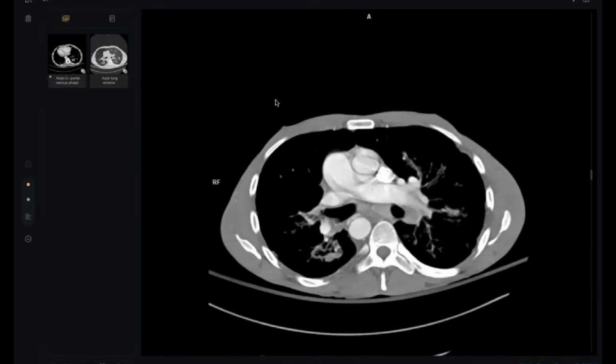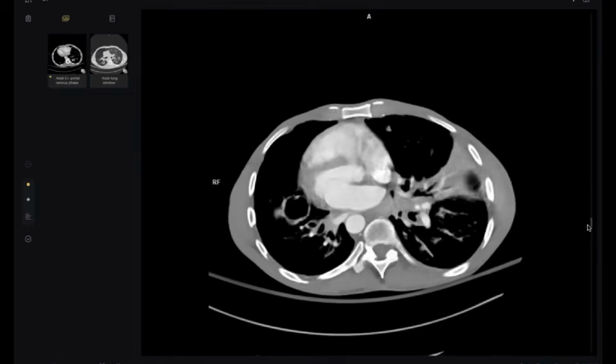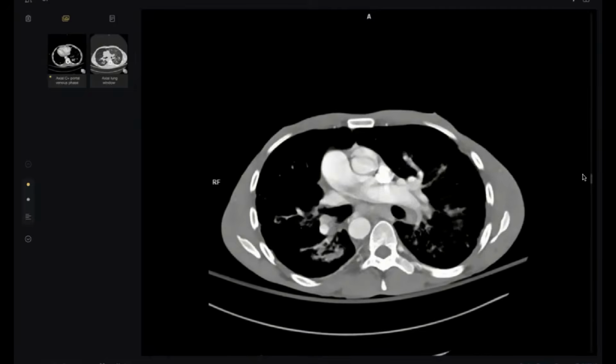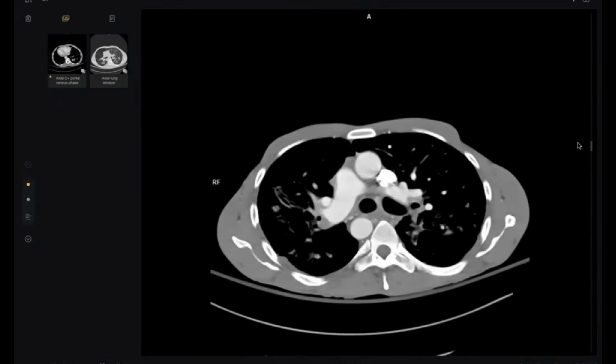I'm not sure. What other causes of hemoptysis? So we can have bronchial artery dilatation. Could you see any clue here?